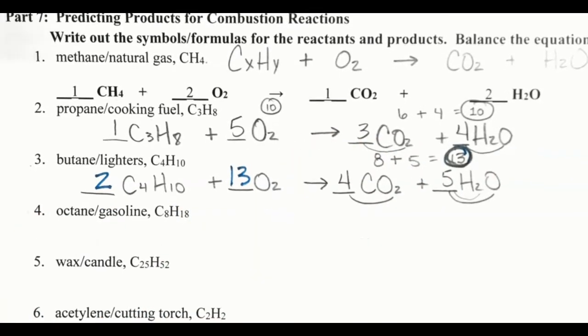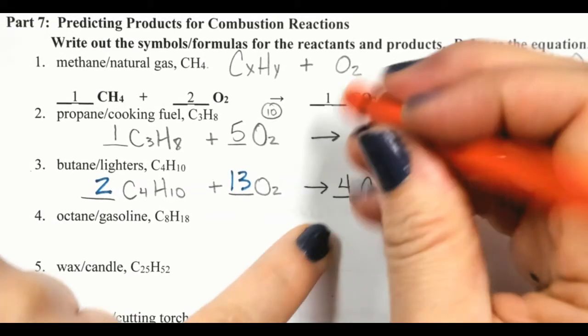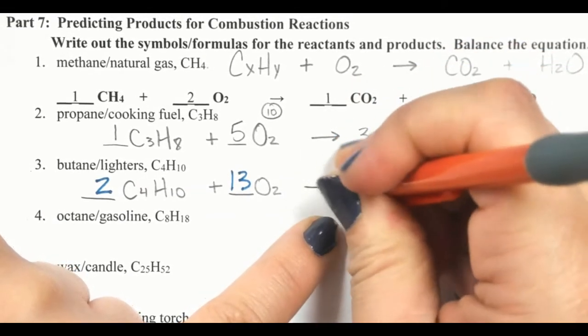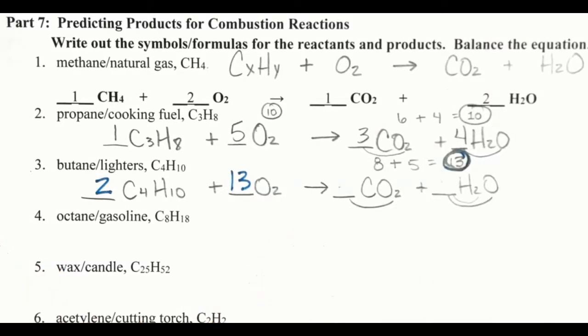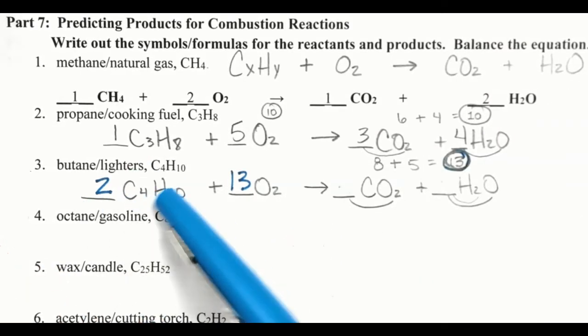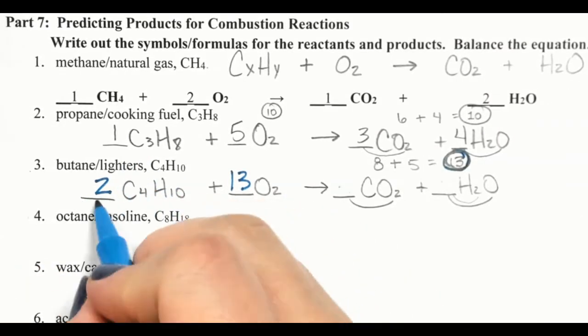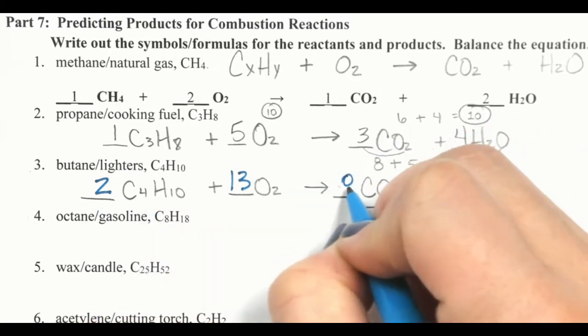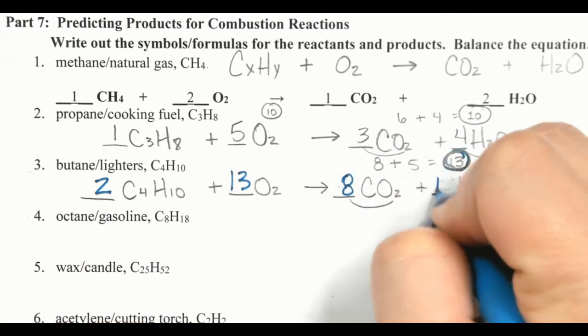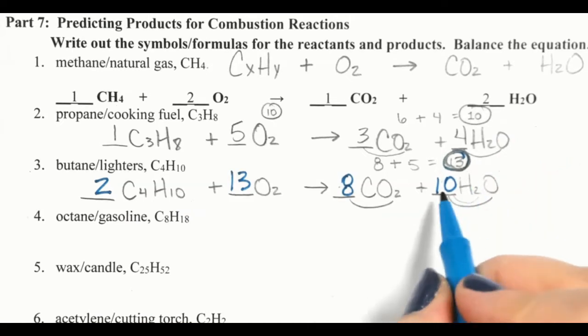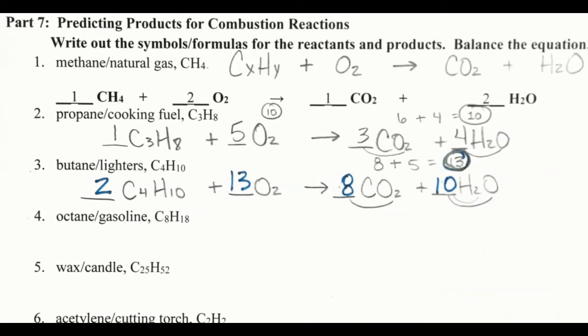And now I'm going to erase my carbon dioxide coefficient and my water coefficient, and then I just have to fix those, change them, because I have a 2 here, so that's changed. So now we have 2 times 4 is 8 carbons, and then 2 times 10, so here I want 10 times 2, and that's going to help make it match.